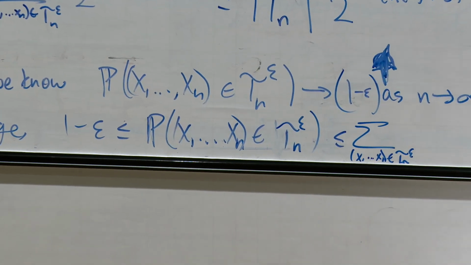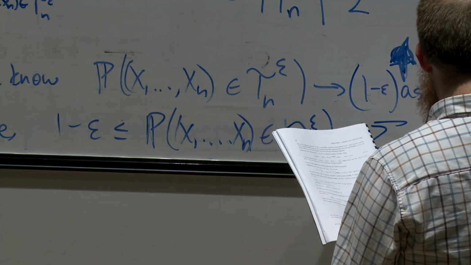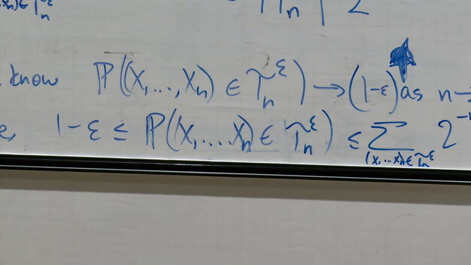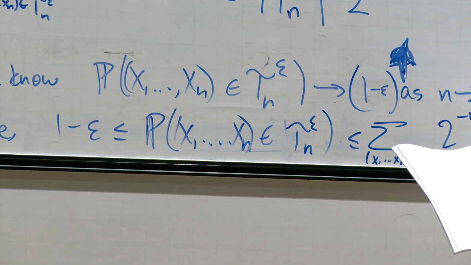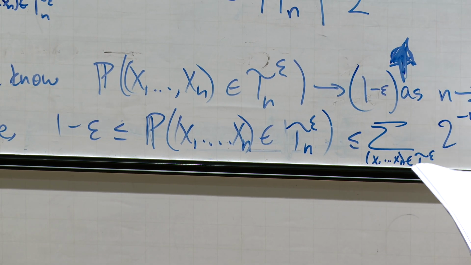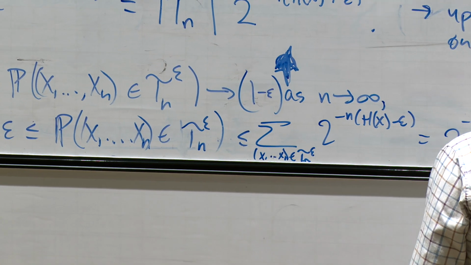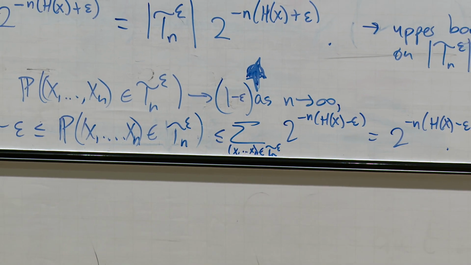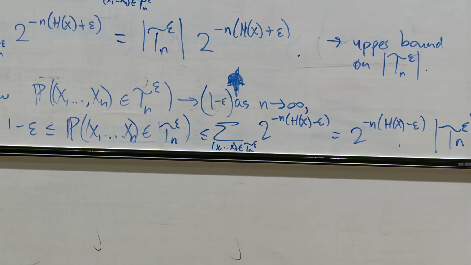Well, I have a bound on the probabilities. It's 2 to the minus n (H of X minus epsilon), which is equal to 2 to the minus n (H of X minus epsilon) times the size of T epsilon n. And we're done. We've got our bounds on the number of typical sequences.